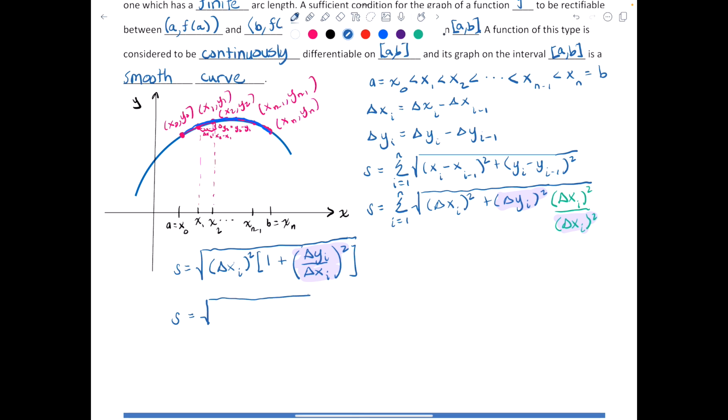Now I know that this can be a plus or minus, and since this formula was derived this way, you may need to adjust the sign to keep the arc length positive. So we will get 1 plus delta y_i over delta x_i squared, and then we have evaluated that square root of delta x_i squared to get delta x_i.